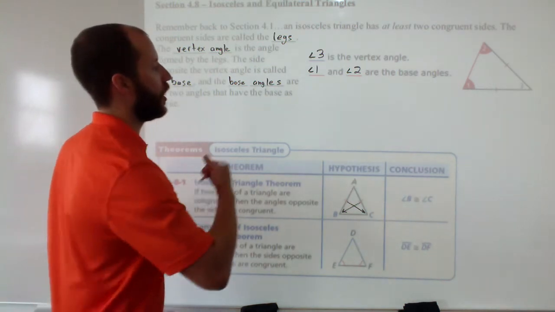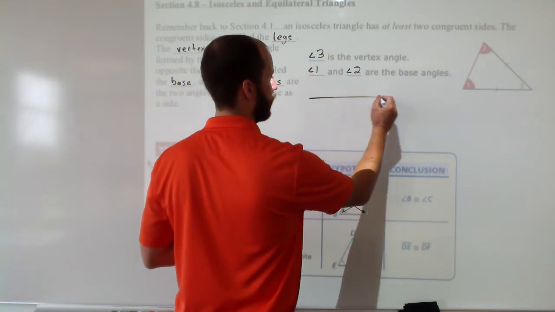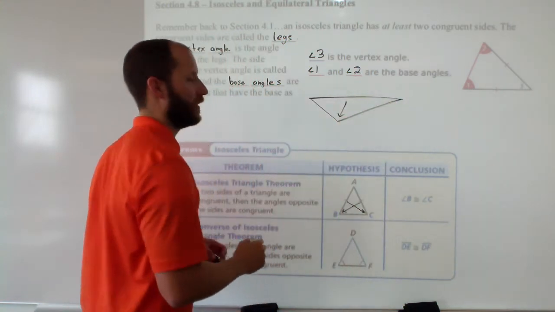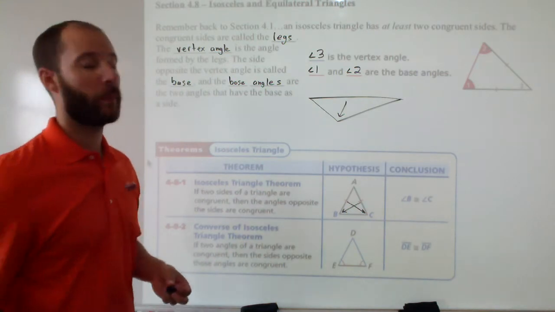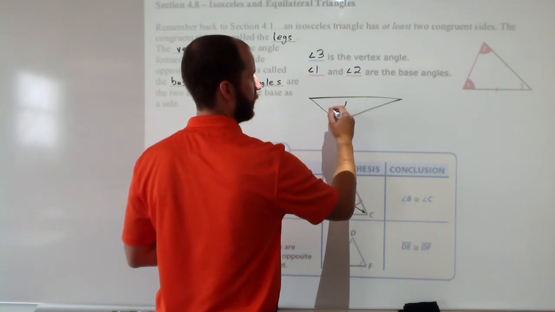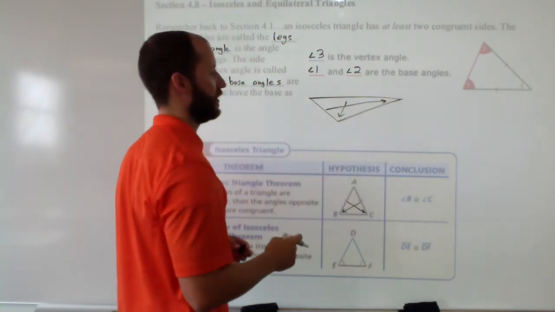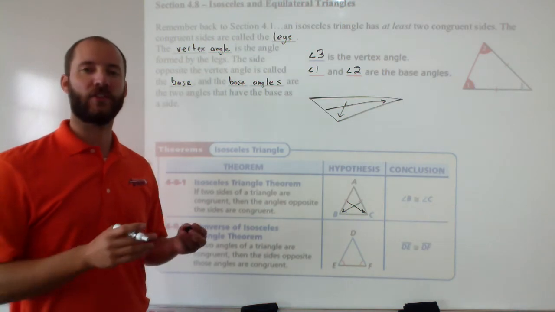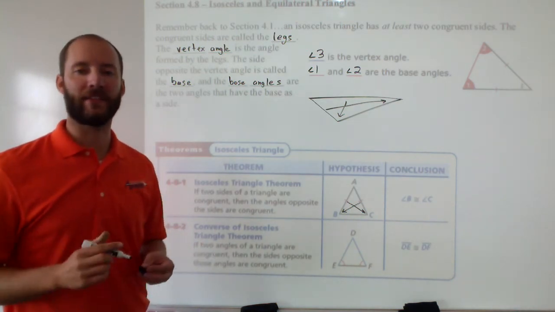The longer the side of a triangle, the larger the angle opposite that side is. So the smallest side is going to be opposite the smallest angle, and the biggest side is opposite the biggest angle.